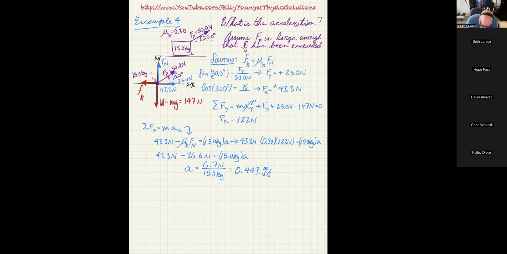And that is the acceleration this object would experience. Notice it came out positive. That is what you expect because positive is to the right, that happens to be the direction that the 43.3 Newton force is pointing, and the 43.3 Newton force exceeded the friction force. So that's exactly what we expected.